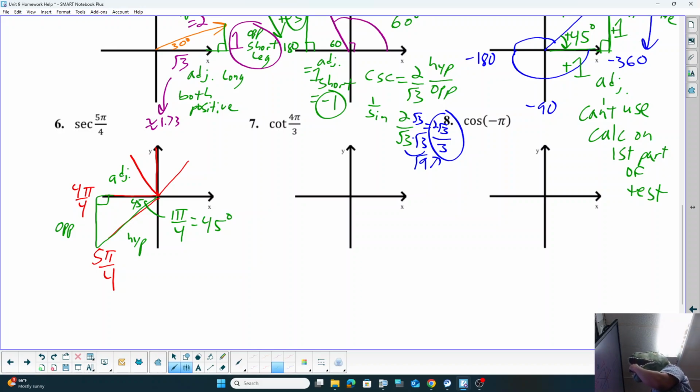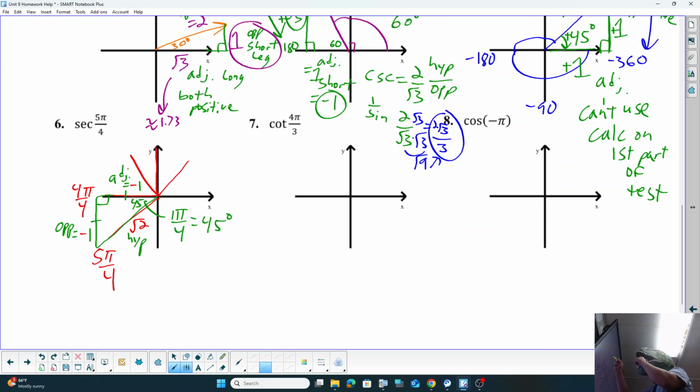The sides are the same, so that's equal to 1 and 1. But because it's left and down, that means it's negative, and that means it's negative. The hypotenuse is radical 2.